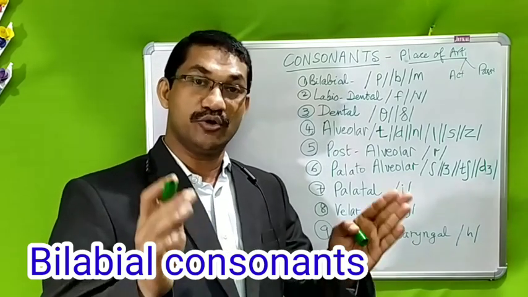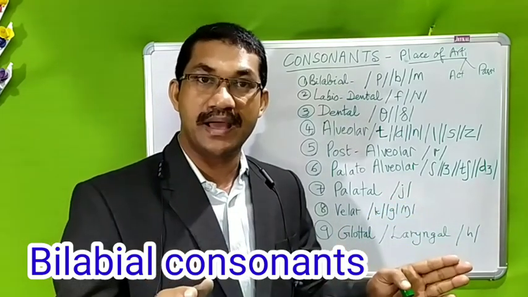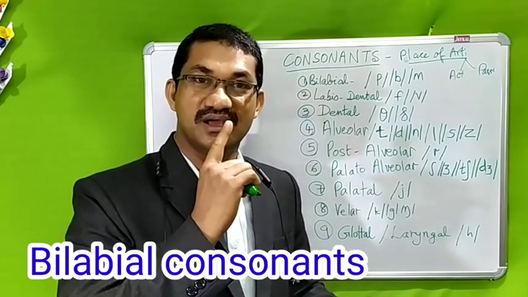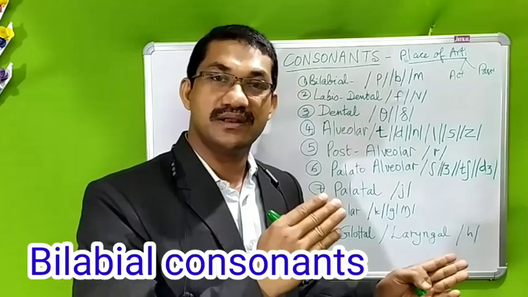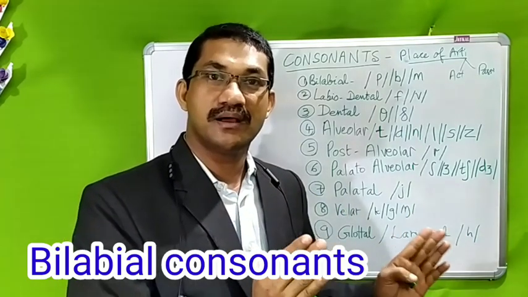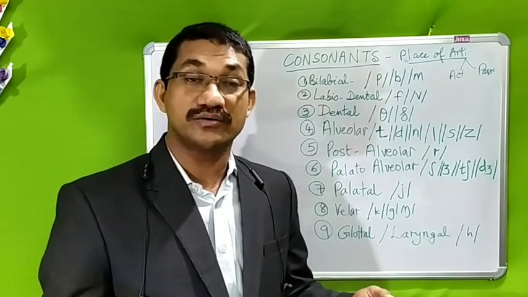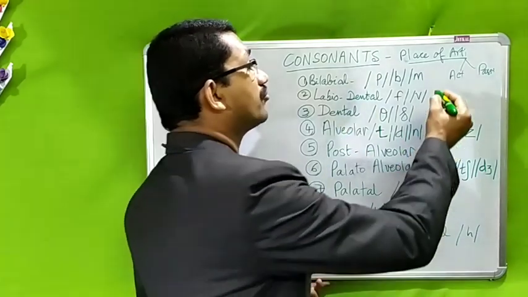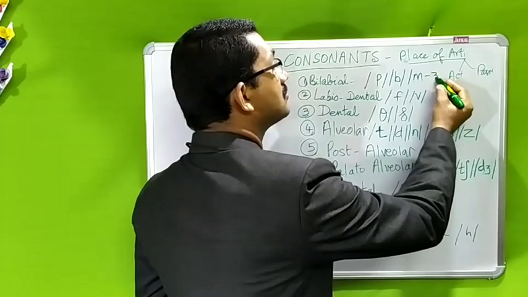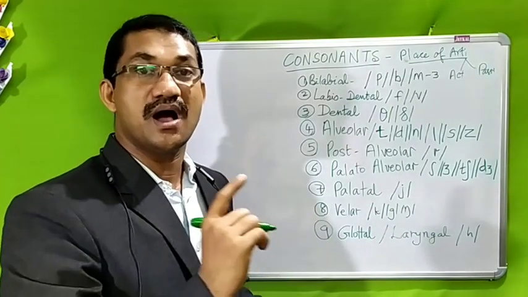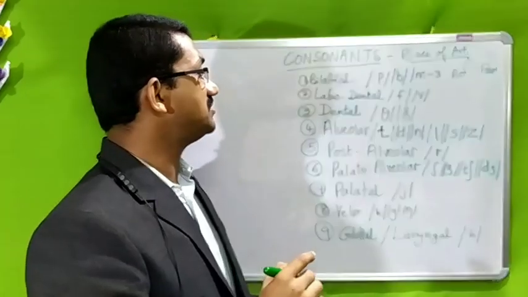Look at that. In pen, the lower lip is against the upper lip, and we say pen, bag, mango. Easy to understand. We have 3 bilabial consonants. The lower lip is the active articulator, the upper lip is the passive articulator.